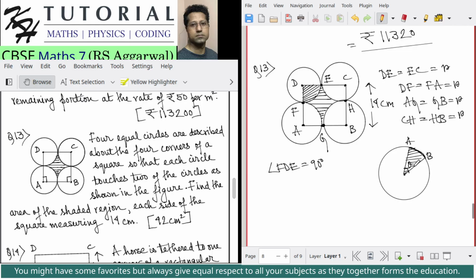This angle theta is known as the central angle, that is, the sector is having a central angle of theta and a circle of radius r.